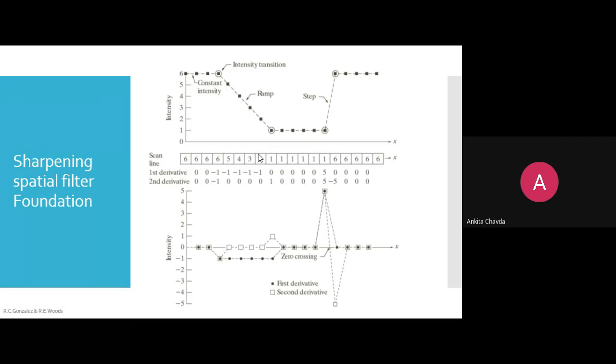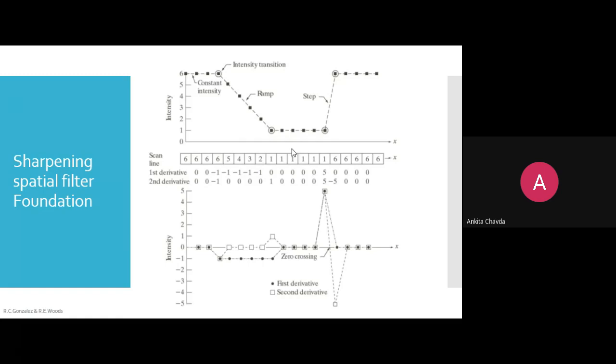Suppose this is a constant intensity, say 4, 4, 4, 4. All the nearby pixels have the same constant intensity. Then all of a sudden, there would be a ramp. Here your intensity continuously decreases: 5, 4, 3, 2, 1, 0 and so on. Now again there would be constant intensity, and then you will have a step. Step means all of a sudden the intensity goes from 1 directly to 6.